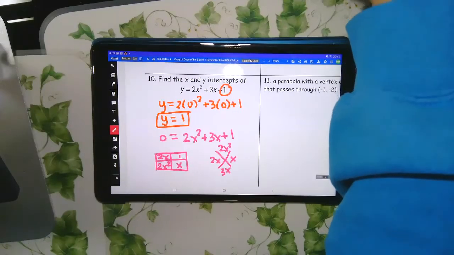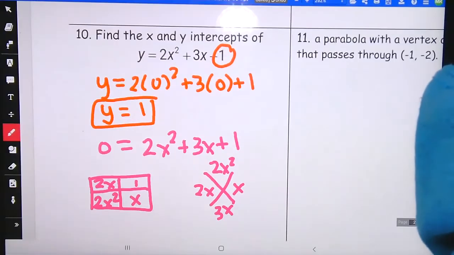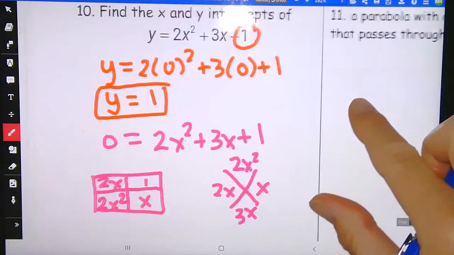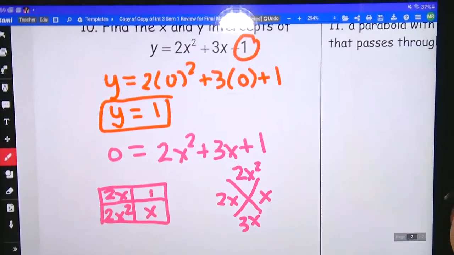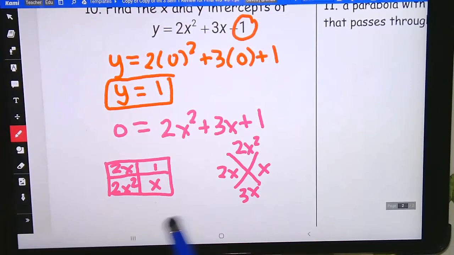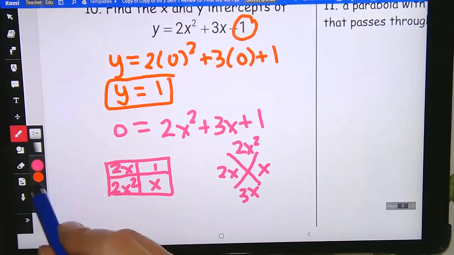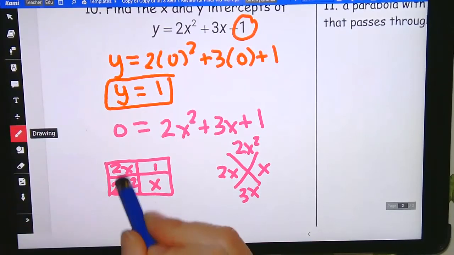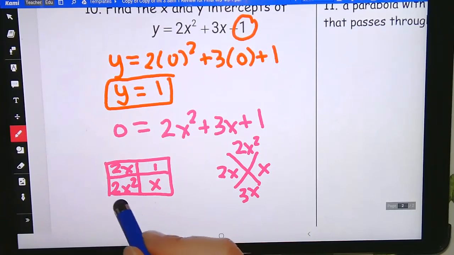Oops, don't want to shrink it that much. Let's get that out of the way. So when I do that, looking at this, I'm going to have a 2x and an x. This is going to be 2x, this is going to be x.